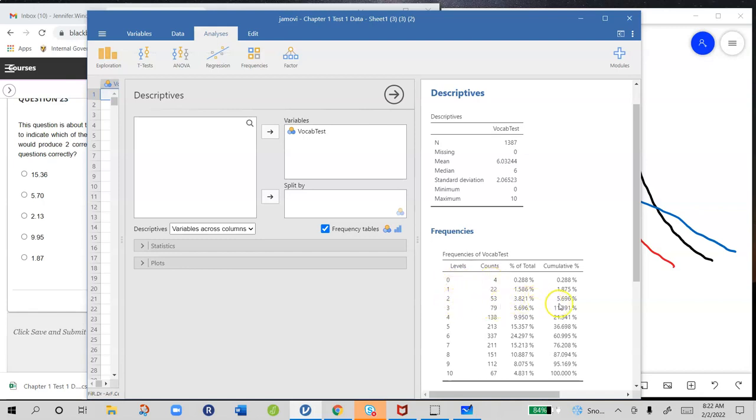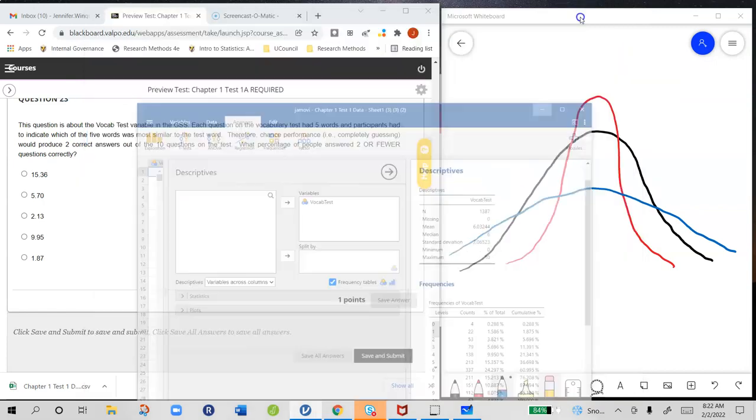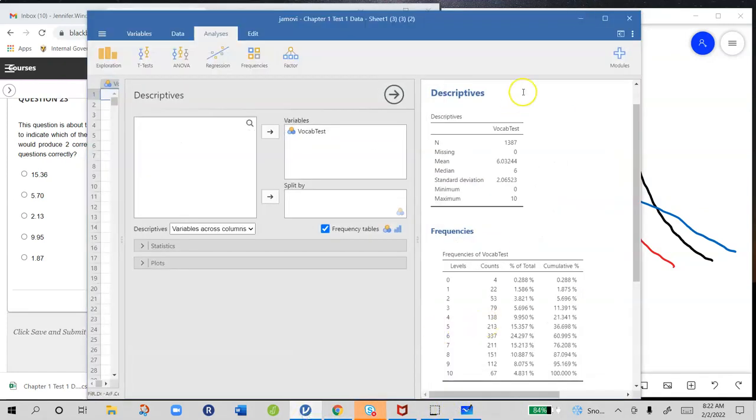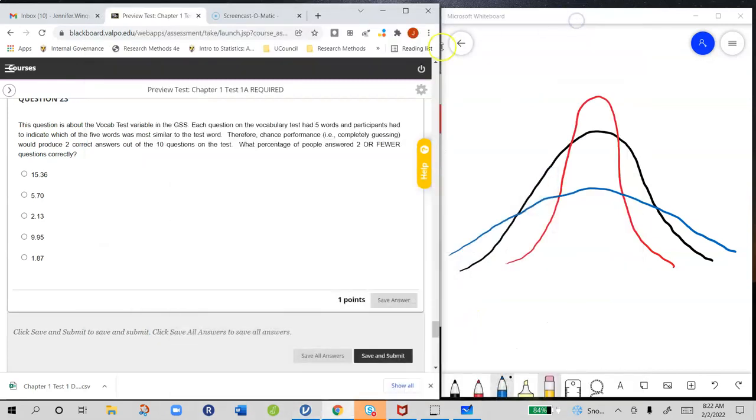So I can look at the cumulative percentage column, and that will give me the percent of people who have scores at or below a given category. So 5.696% of people had scores of 2 or lower. Had we asked about how many people had scores of 7 or lower, it would have been 76.208%. So in this case, you were looking at 2 or fewer, and so the answer is 5.696, or 5.70 for rounding.